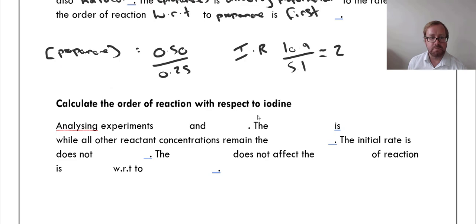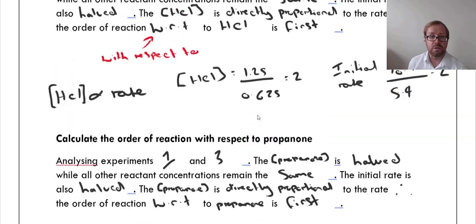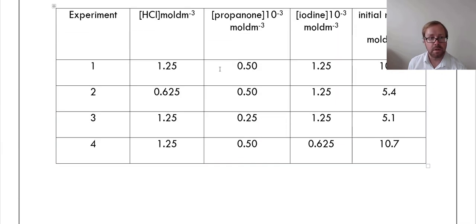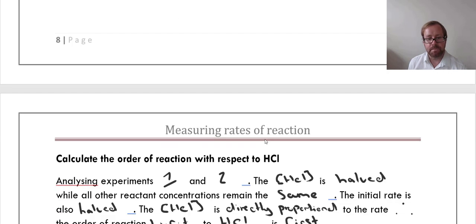Calculate the order of reaction with respect to iodine. So again, I need to choose an experiment where the iodine concentration changes and the HCl and the propanone concentrations don't change. Let's go back up and look. So I can analyse between experiments. Which experiments can we use? Experiments 1 and experiment 4.